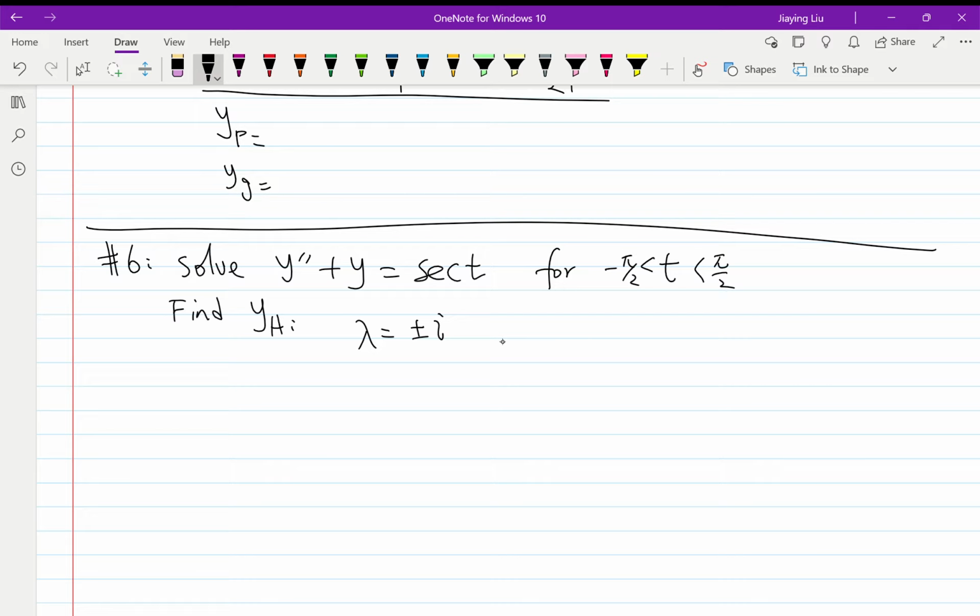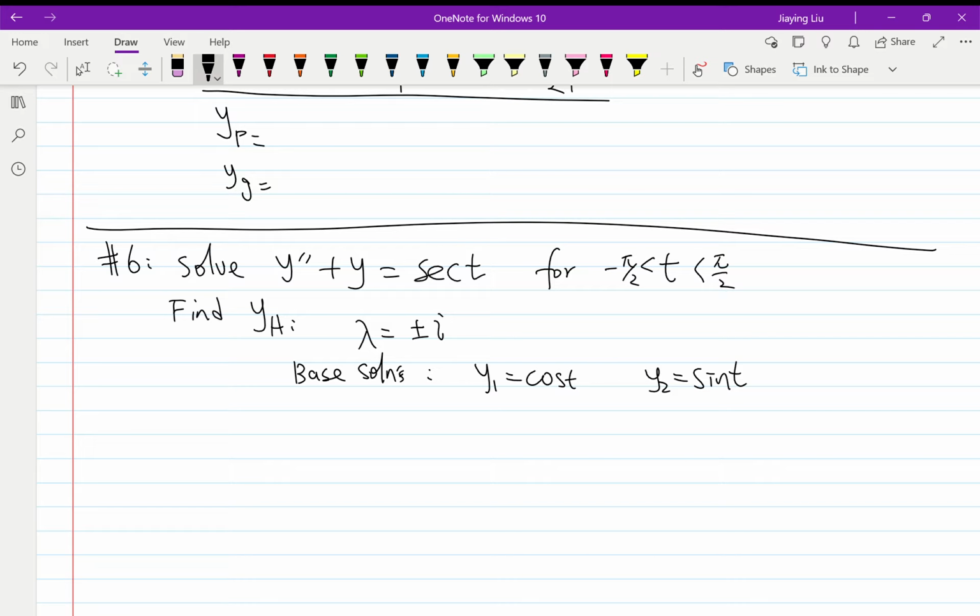It turns out that the two base solutions are y1 is cosine t, y2 is sine t. Because we just have plus or minus i, so the constant in front of i is just 1.